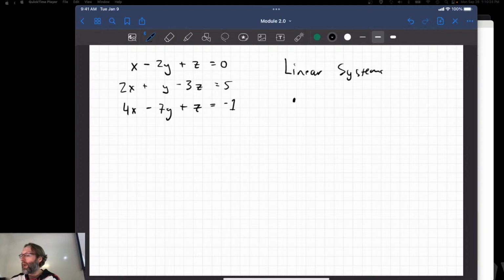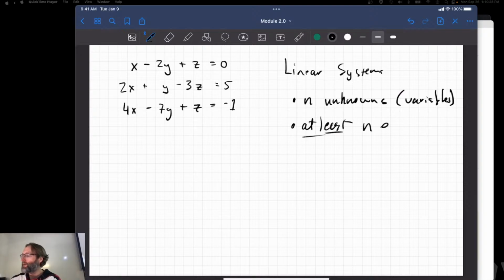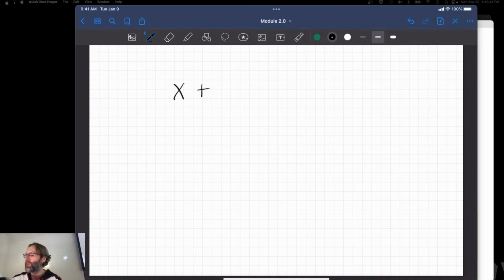You might, in general, have n unknowns, that is, variables. If you have n unknowns, you need at least n equations. Why? What if I gave you x plus 2y is equal to 3?